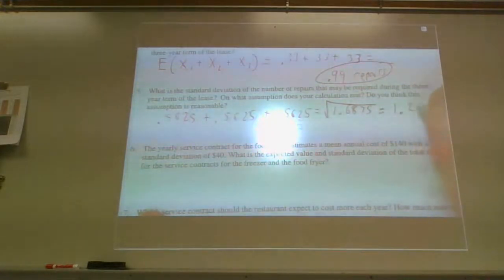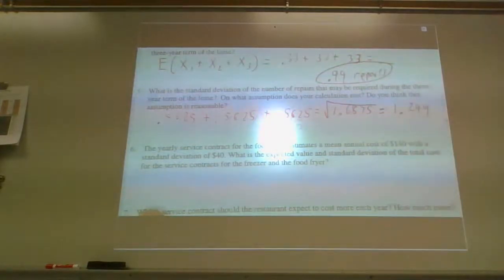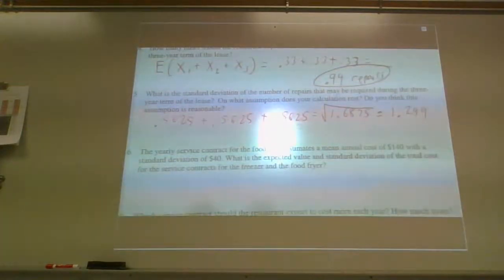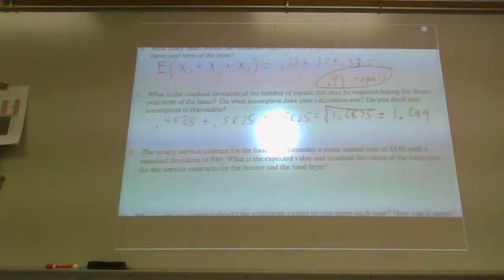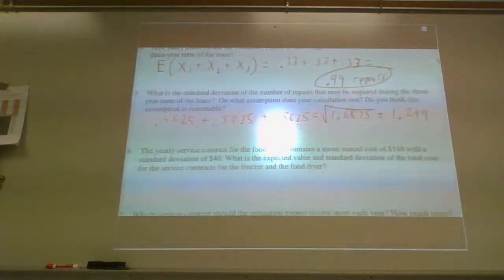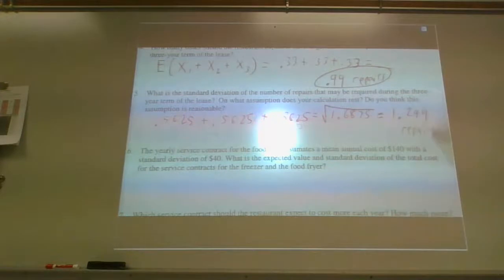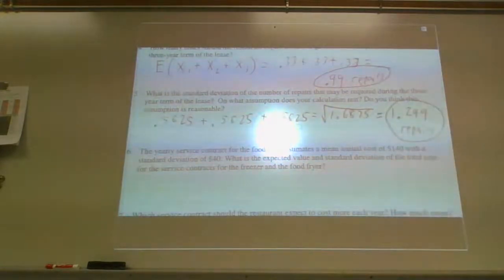Okay, never mind. That's just weird. Anyway. Yeah, this is the repairs. Now, I probably should have put that as 1.3, but I'm going to leave it as 1.299 for the sake of argument.